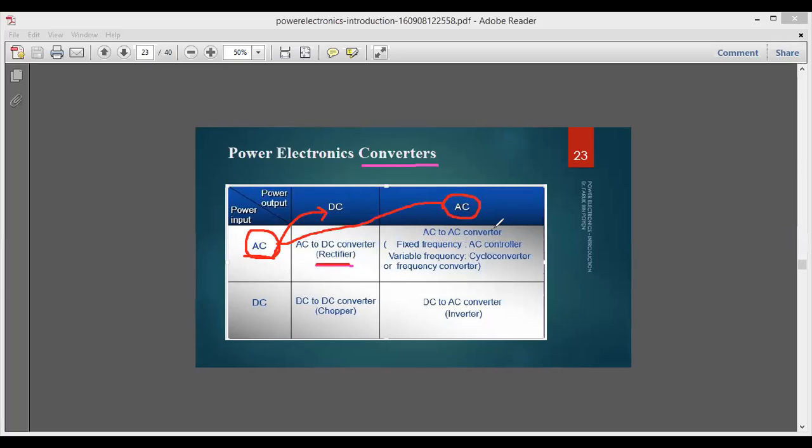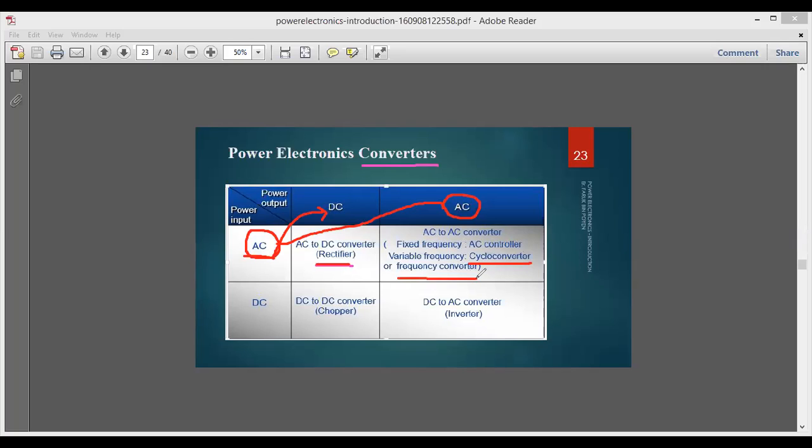In that scenario, we have the variable frequency converters. We call it a cycloconverter. Another name for the cycloconverter is frequency converter.